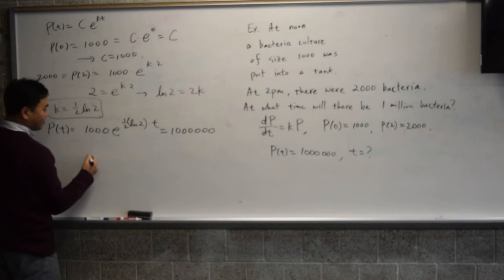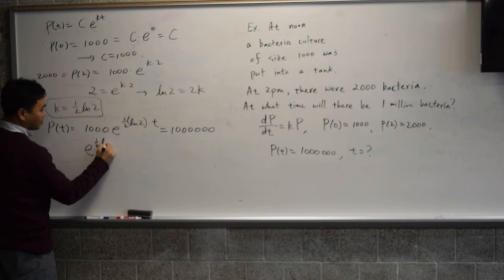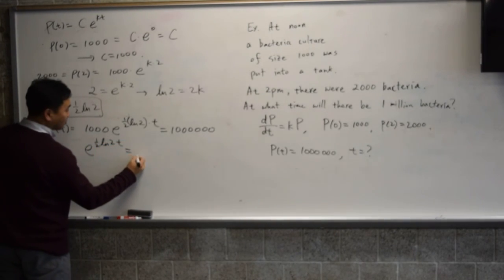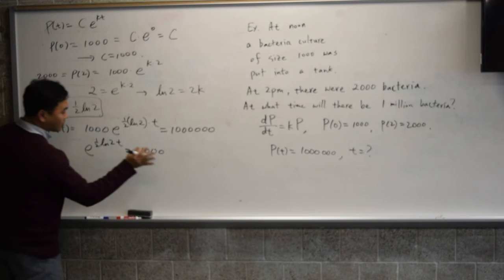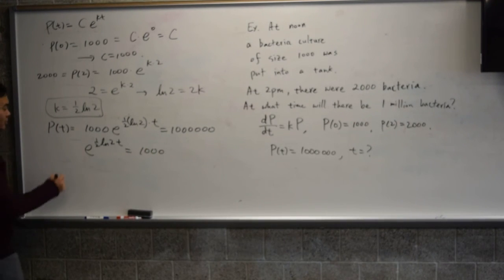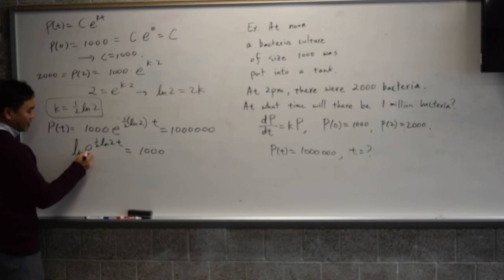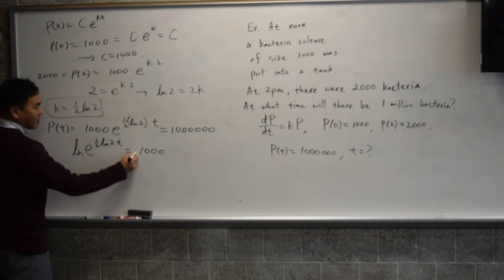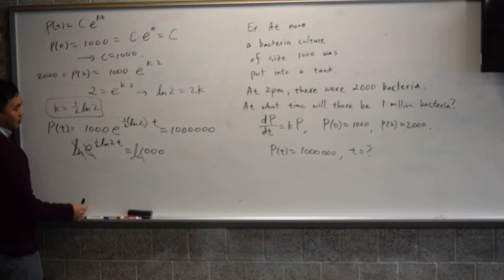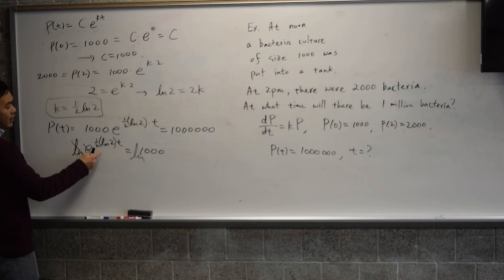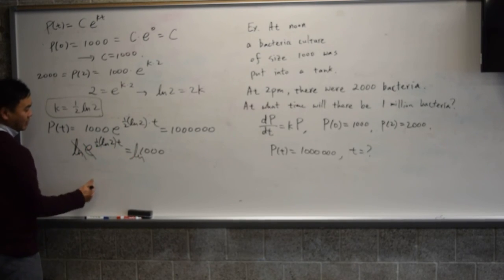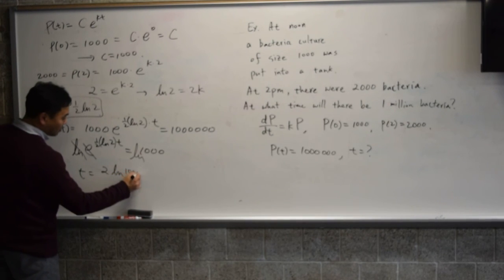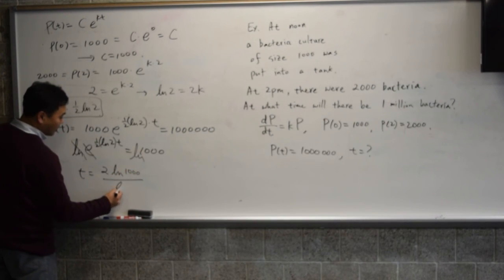Divide by 1,000, so that the right side becomes 1,000. To get rid of e, we take the ln. And then finally, I divide to the right side, and we get t equals 2 times ln of 1,000 over ln of 2.